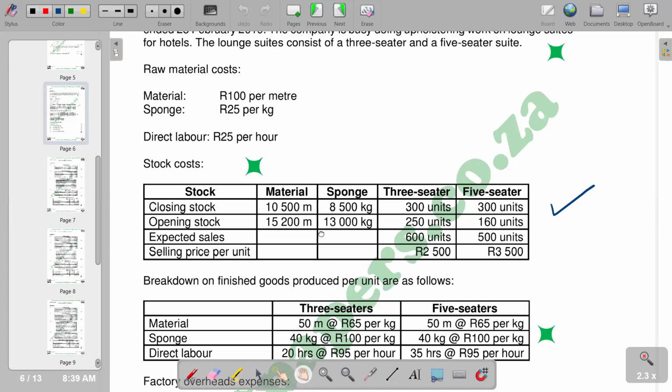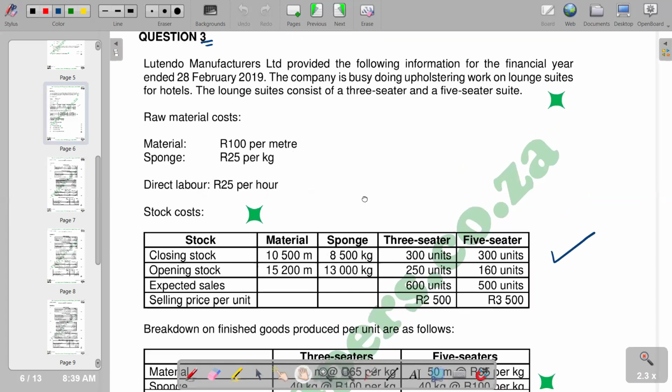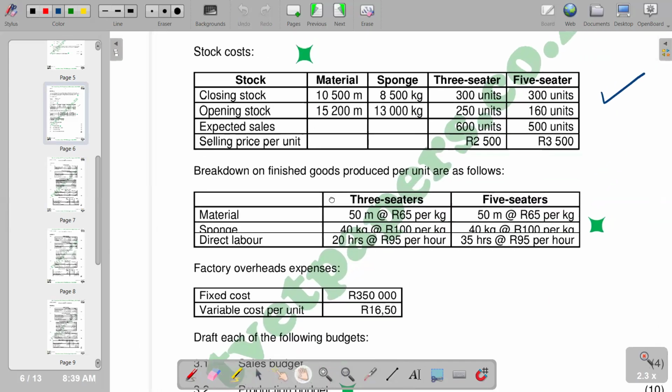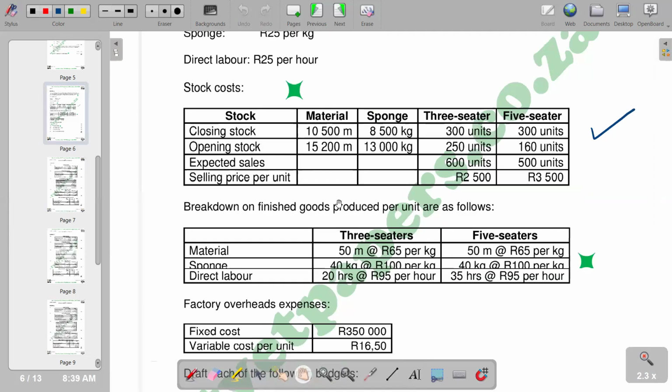We'll go through the information that we have. We have 600 units for the three-seater and 500 units for the five-seater. So these are the expected sales.